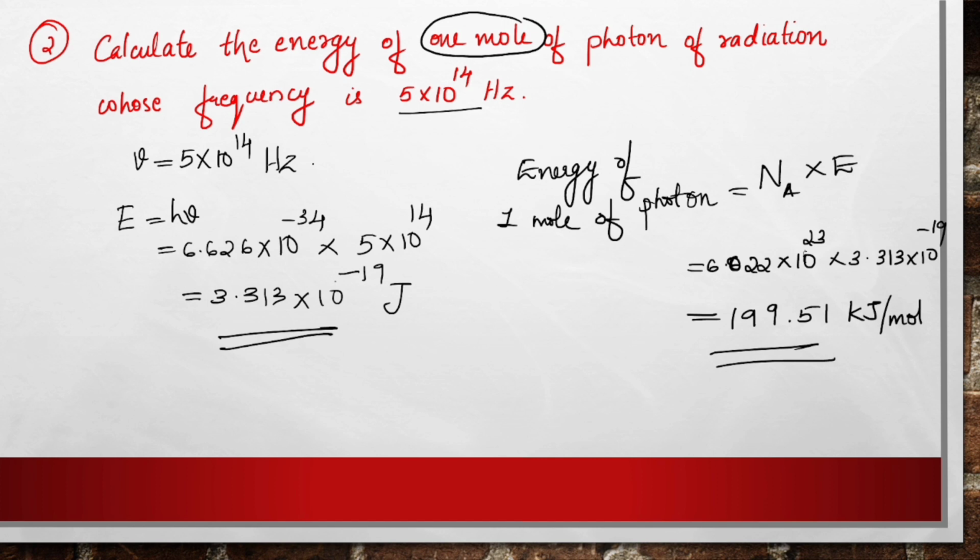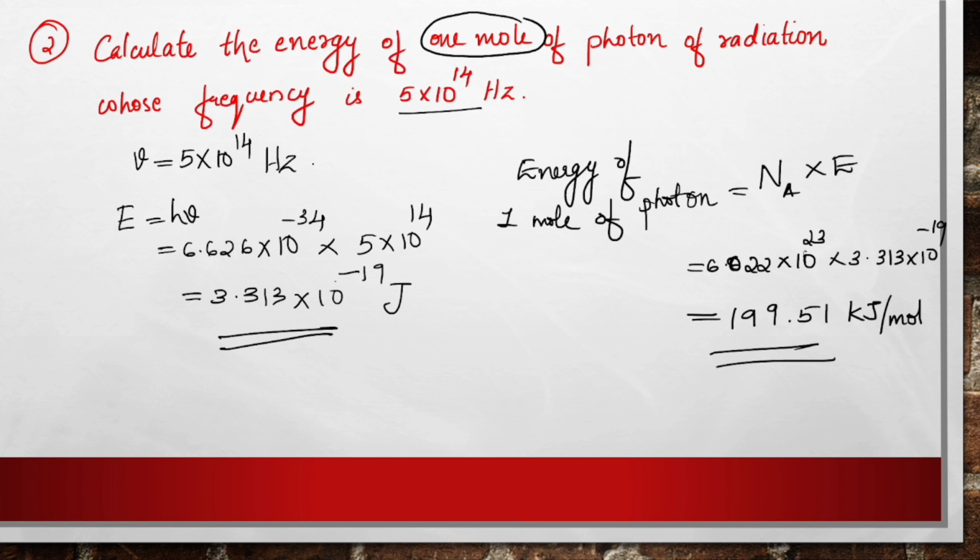First we found the value of energy using the equation E equal to h nu. Already in the question frequency is given and we need to know the value of Planck's constant, 6.626 into 10 raised to minus 34. We will multiply the value and we will get the energy in joule. But in the question it is asked for energy of 1 mole of photon.